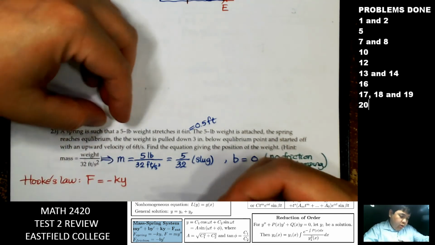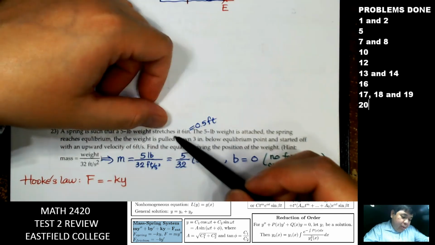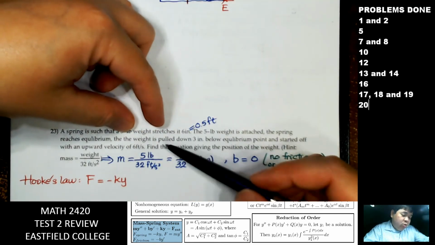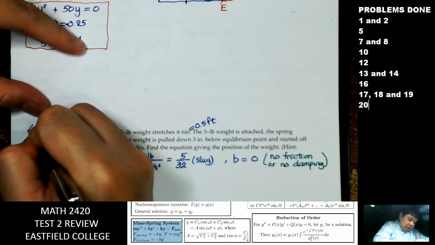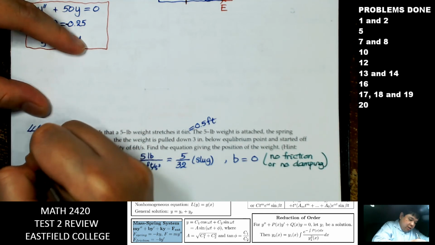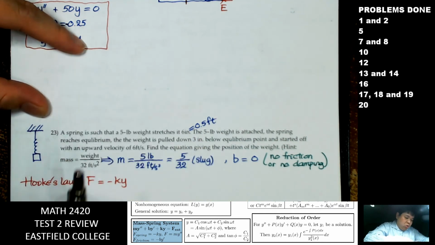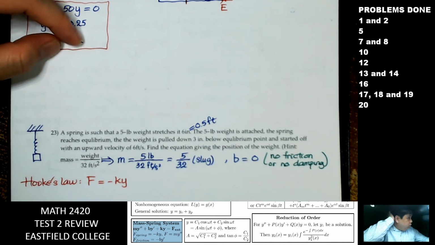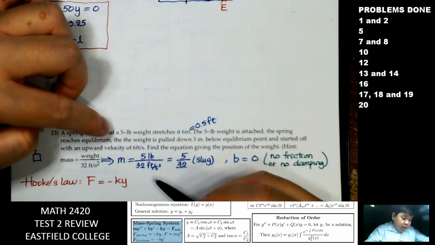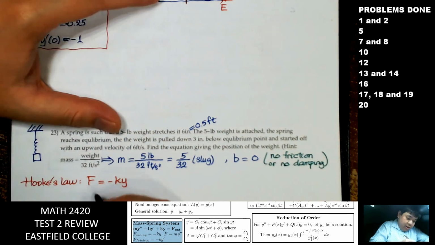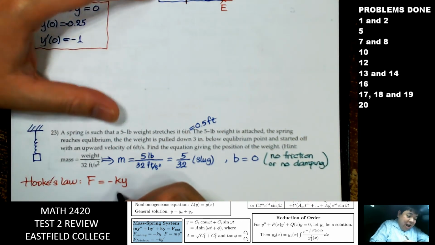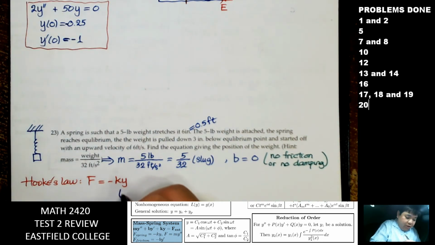If we stretch a spring, because of the weight, it will stretch down. So the distance will be moving down 6 inches or 0.5 feet. It is moving down, so we have the negative.